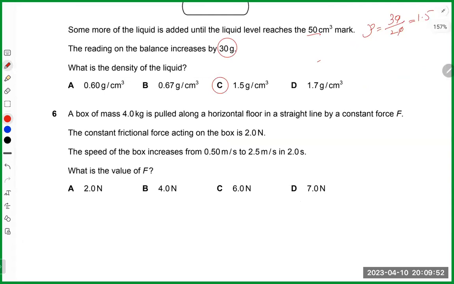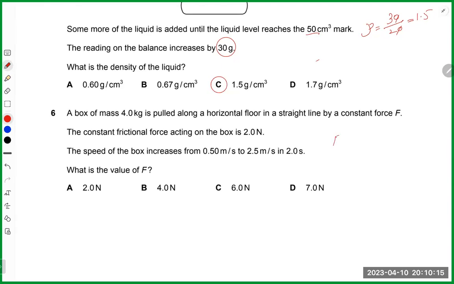A box of mass 4 kg is pulled along a horizontal floor in a straight line by a constant force F. The constant frictional force is 2 newtons. The speed of the box increases from 0.5 to 2.5 in 2 seconds. What is F? So remember, F minus FR equals ma. a will be 2.5 minus 0.5 divided by 2.